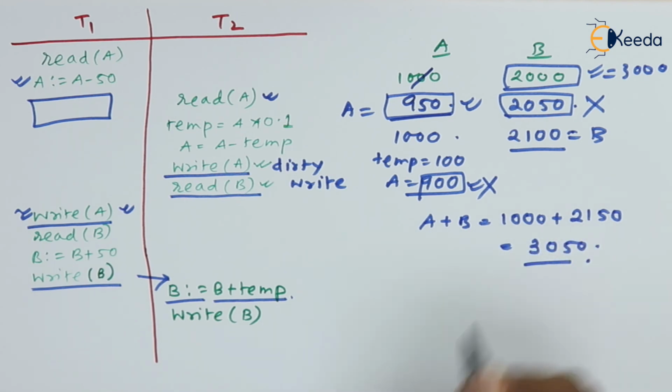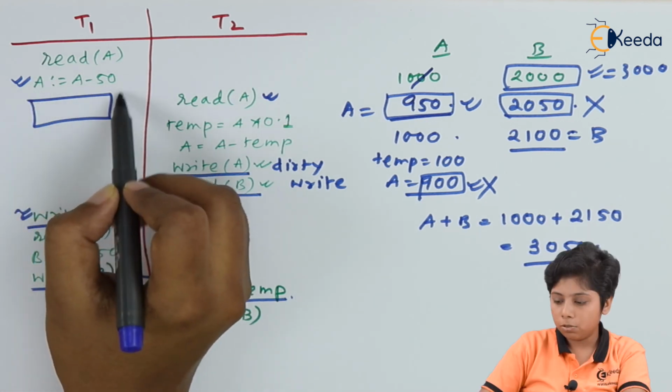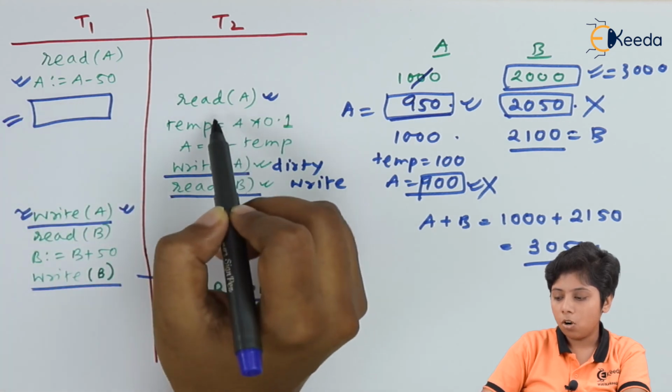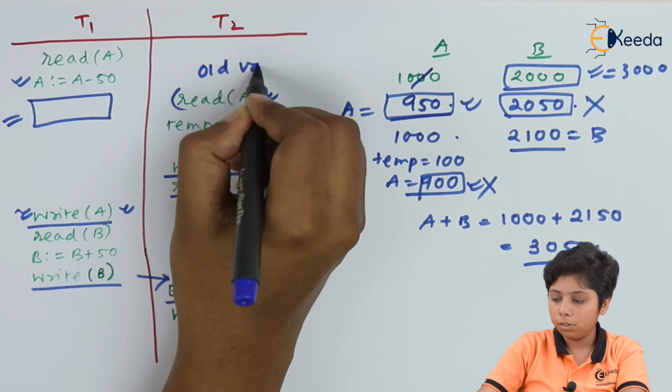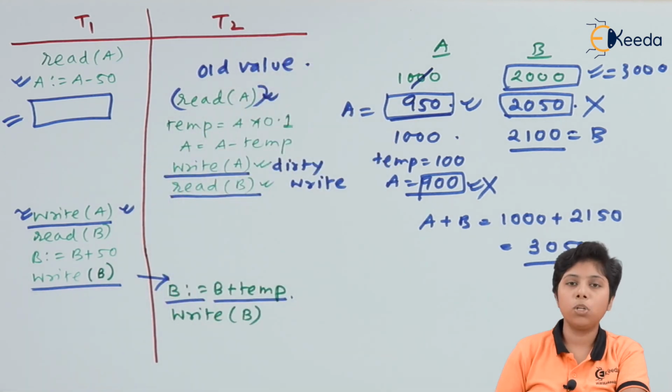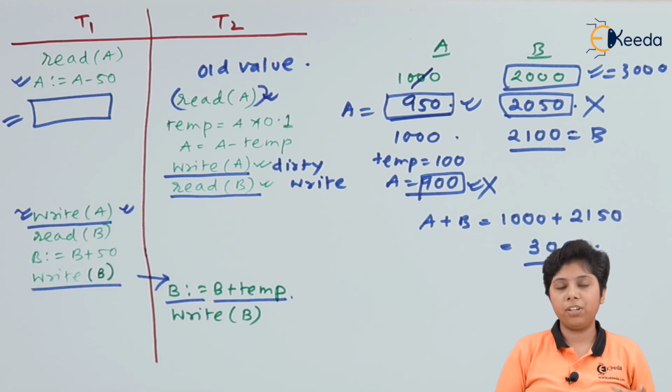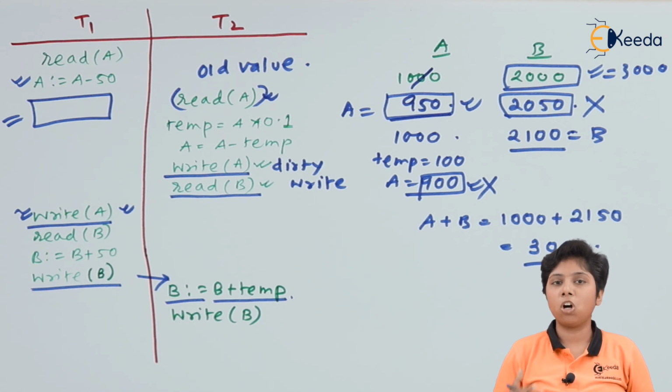So what happens here is that we are having the problem of this write we have not made here, only we are reading the previous value. So the old value is being read, which is not written or updated. So when we are having a concurrent execution, just like the previous example, we need to read a value that a transaction has updated. Otherwise the context switch concept will not be there in a concurrent execution.